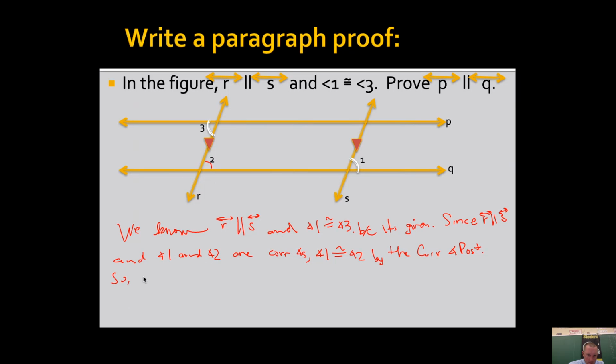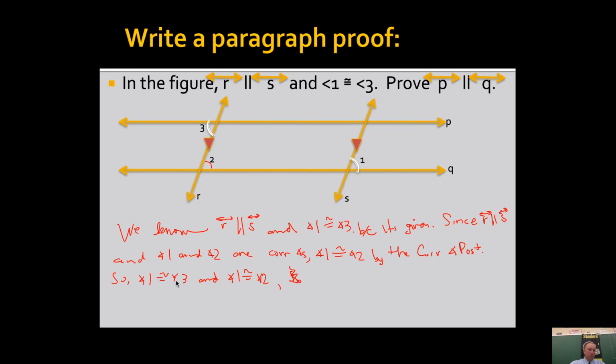So angle 1 is congruent to angle 3, and angle 1 is congruent to angle 2. So, maybe not use so again because we already used so.